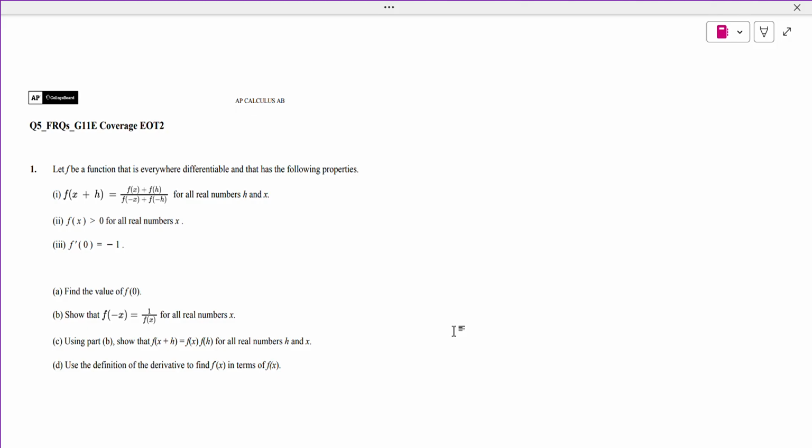So let's get started. We need to find, in part A, f of 0. So if you look at the function, you have f of x plus h equals f of x plus f of h all over f of minus x plus f of minus h.